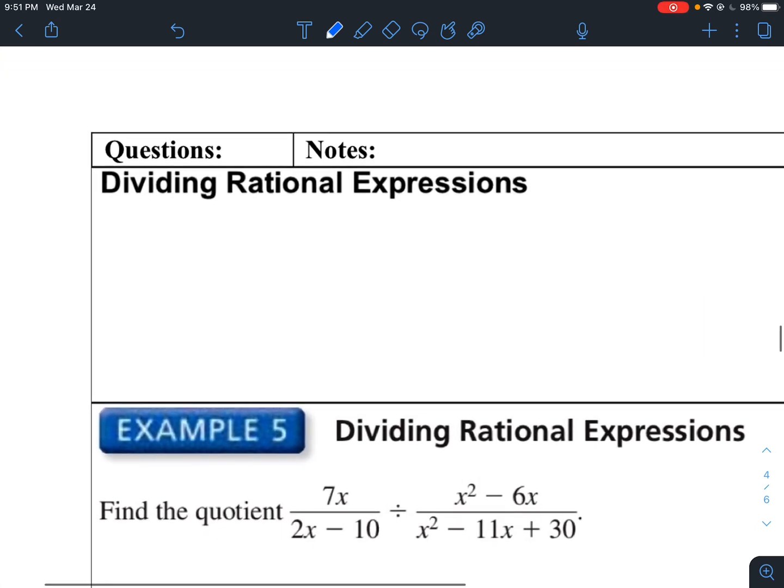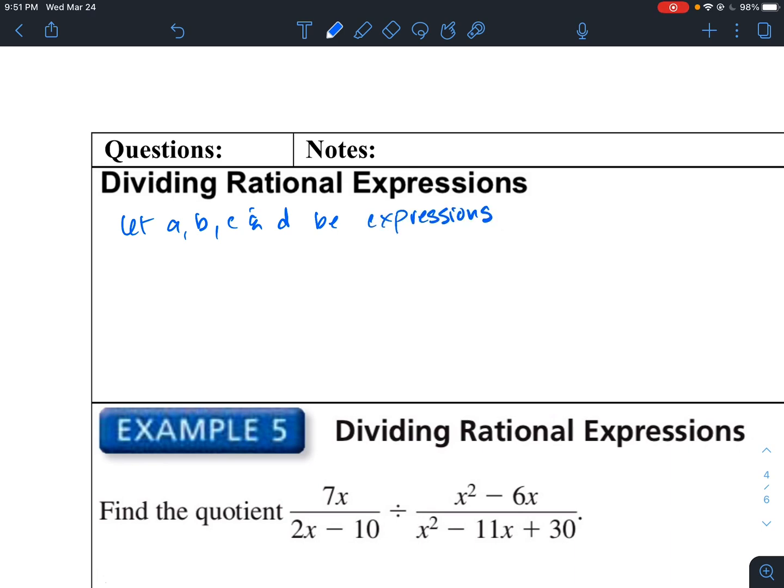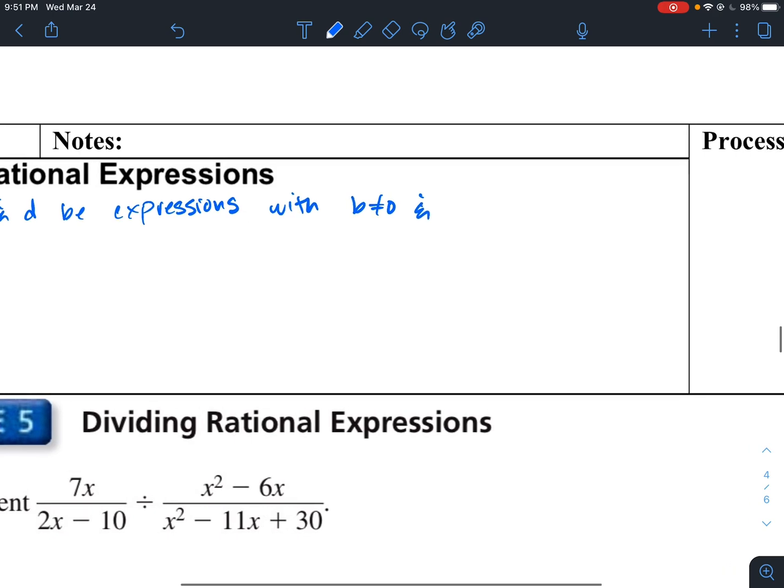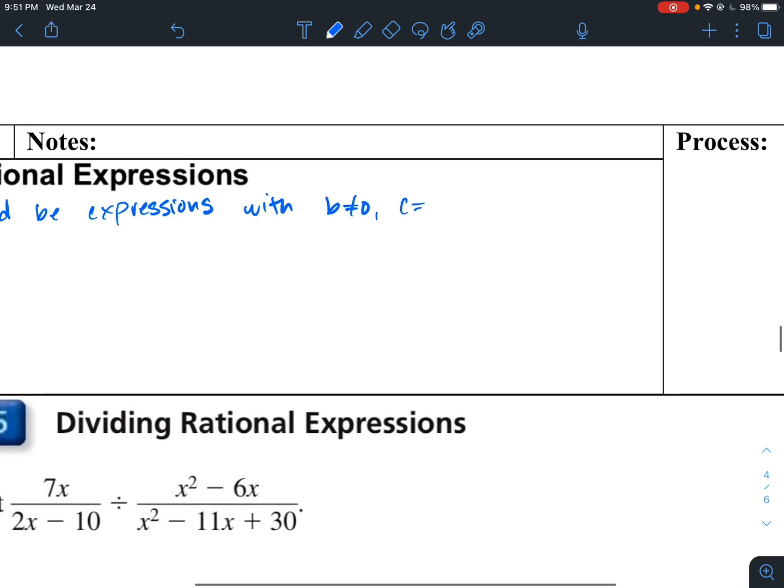So this property right here: let A, B, C, and D be expressions with B not equal to 0, C not equal to 0, and D not equal to 0.